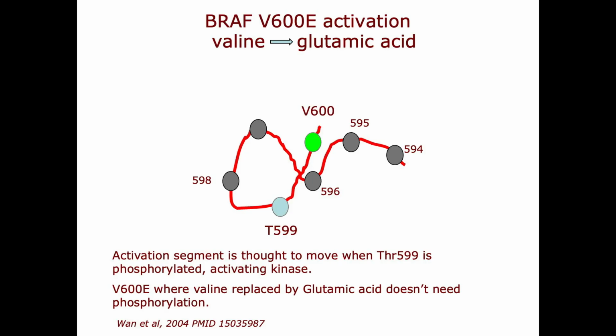And it's believed that what this does is put a negative charge into the protein chain in the amino acid next to threonine 599, which can be phosphorylated. It seems that threonine gets phosphorylated when RAF is to be activated, and so by putting a negative charge on the adjacent amino acid, this mimics the phosphorylation and at least partially activates the protein as though it had been phosphorylated.